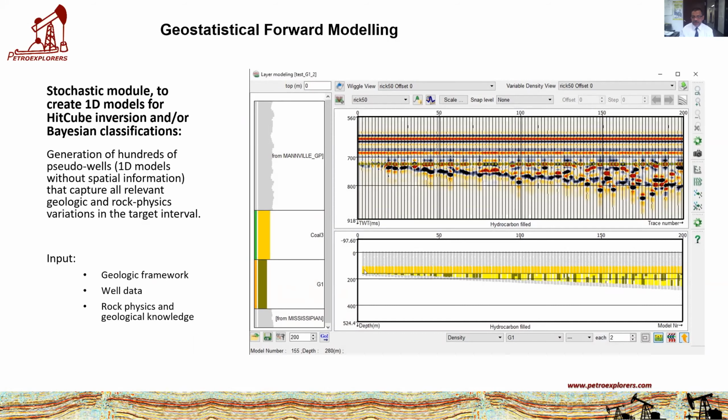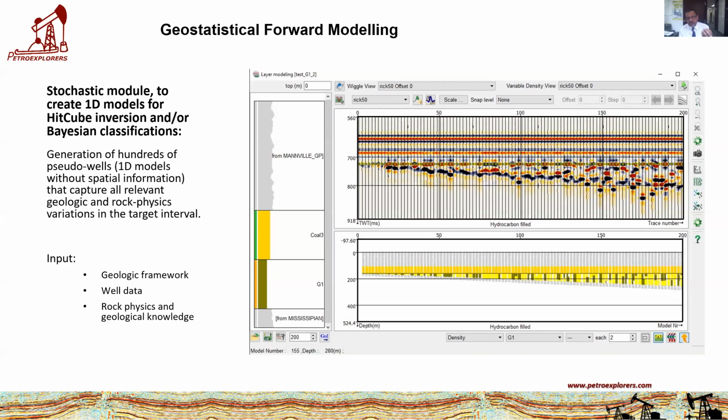As you change the properties, this is your model going in with the various variations, and that would be the synthetic associated to each model. You can have pre-stack synthetics, at different offsets, the same way. So for each of the input data you want to deal with, you have to generate synthetics related to that.